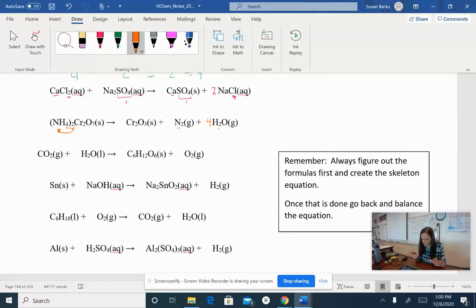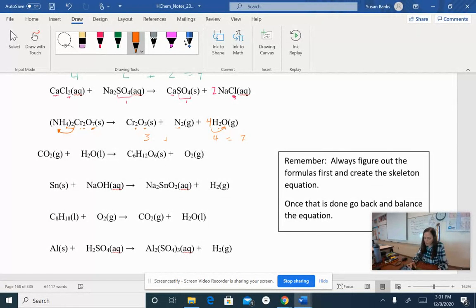So my hydrogens are now okay. I've got 2 chromiums. And here I've got 2 chromiums. So I'm okay there. And then I've got 7 oxygens. I've got 3 right here, plus 4 times 1 is 4. So 3 plus 4 is 7. So my oxygens work out.